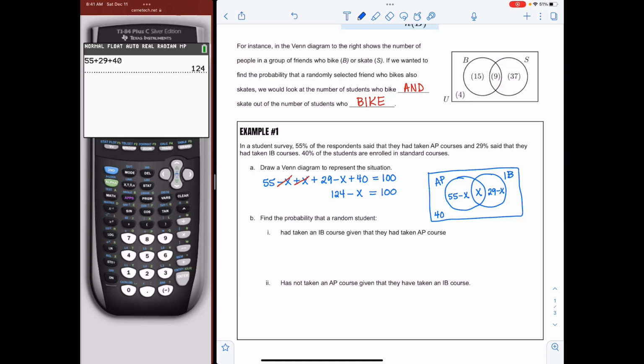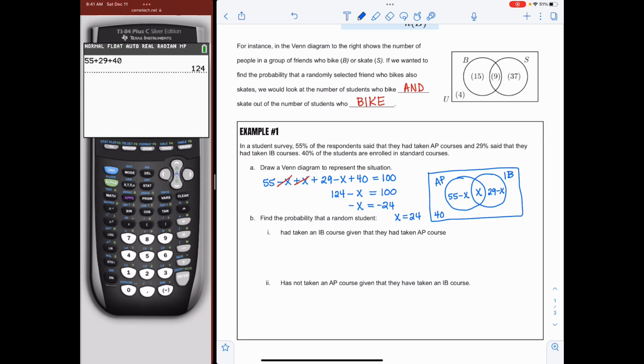And then, of course, I would subtract 24 on both sides. So I would get negative X is equal to negative 24, which, of course, would end up telling me that X is equal to a positive 24. All right.